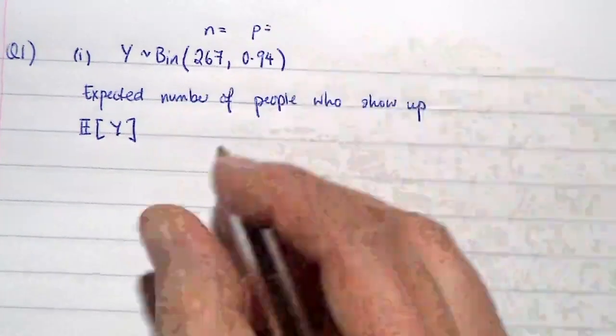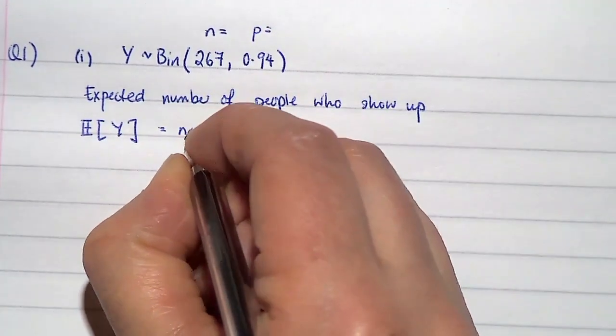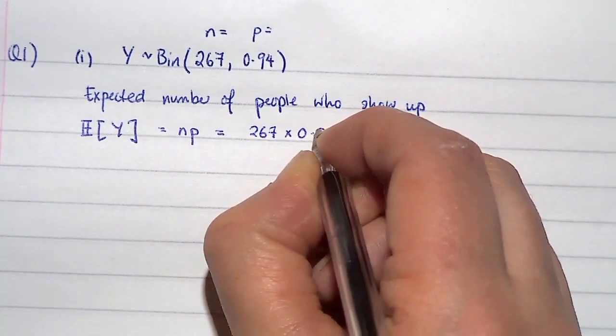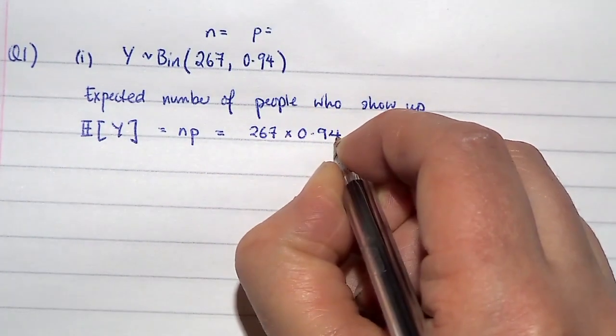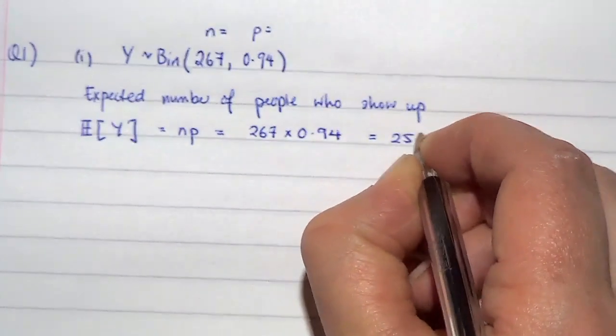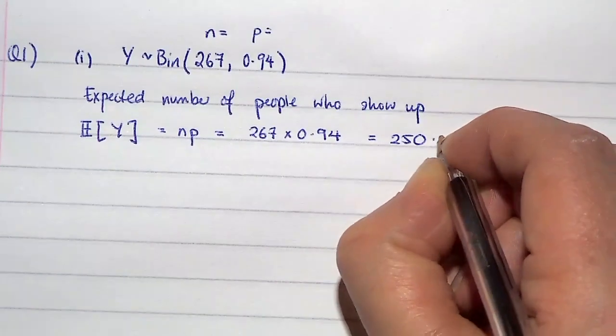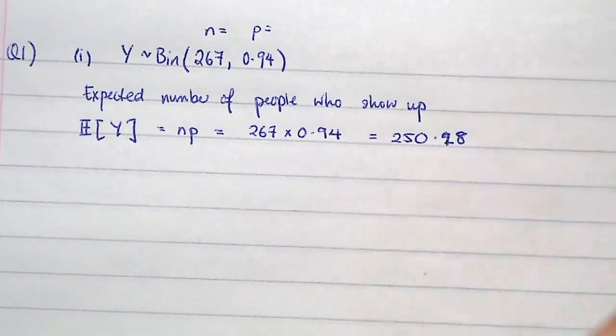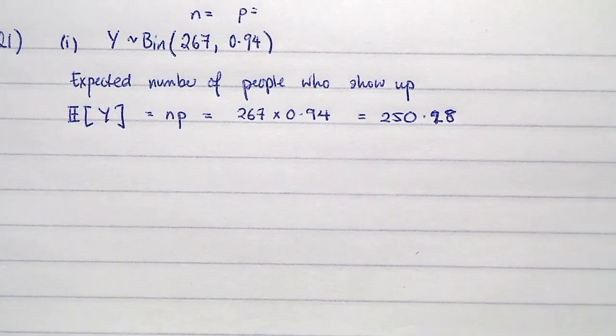This one's n, this one's p. So just over 250 people are expected to turn up.